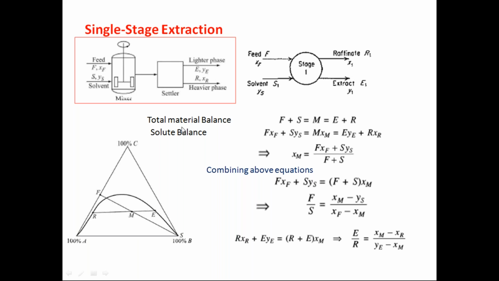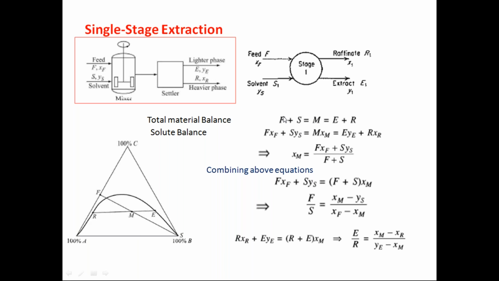So first you do the total material balance. All of you know that once you have this type of operation with inputs and outputs, the total material balance equation will give the relationship between the quantities of the phases. This is the quantity of the feed, this is the quantity of the solvent added, and this is the total mixture quantity.